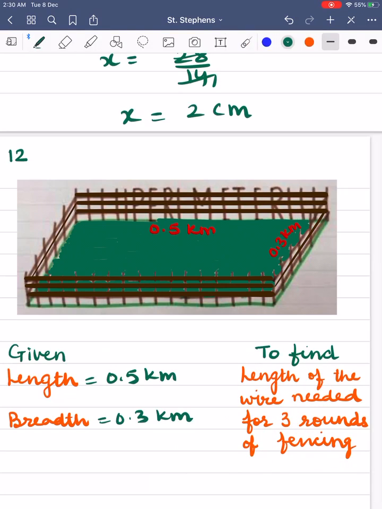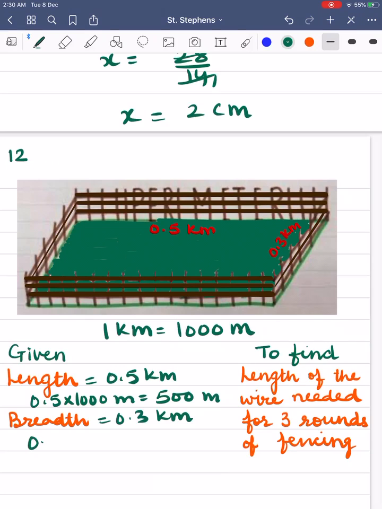Now we will measure wire in meters, so we need to convert length and breadth into meters, and we know 1 kilometer is equal to 1000 meters. So 0.5 kilometers is equal to 0.5 into 1000 meters, which is equal to 500 meters. And 0.3 kilometer is 0.3 into 1000 meters, which is equal to 300 meters.